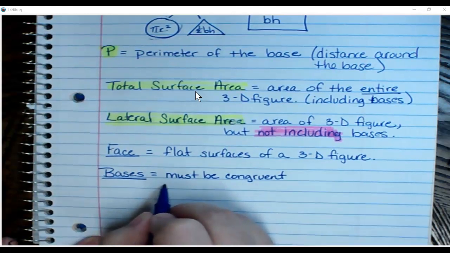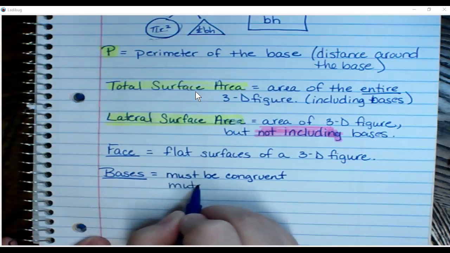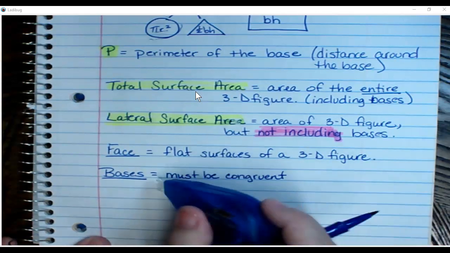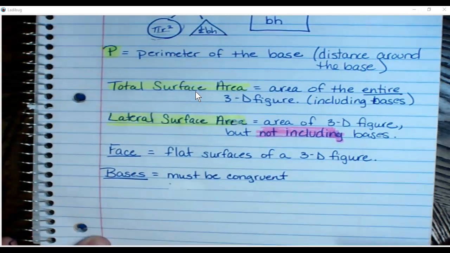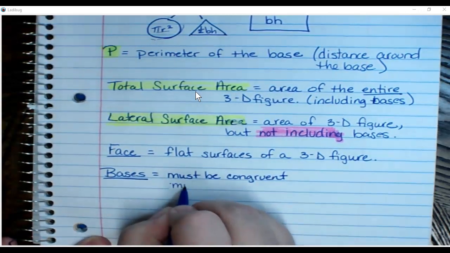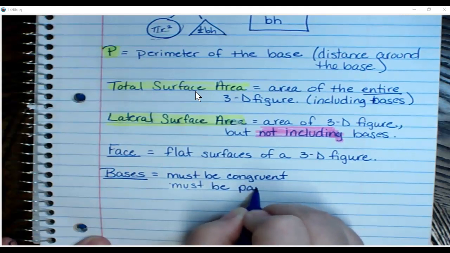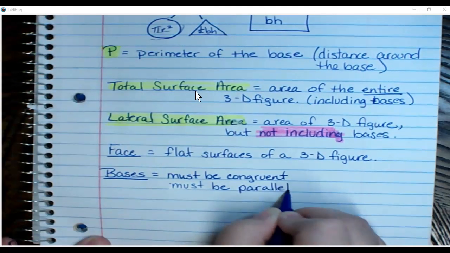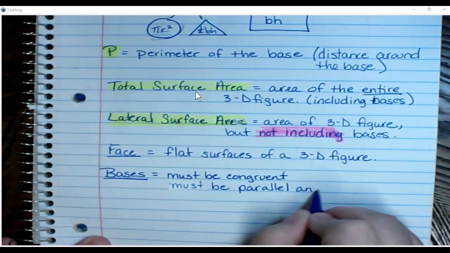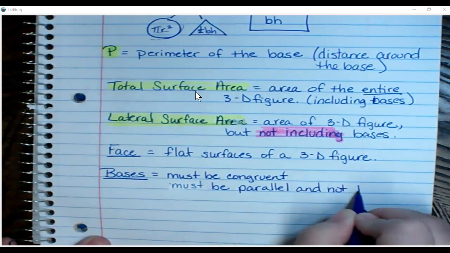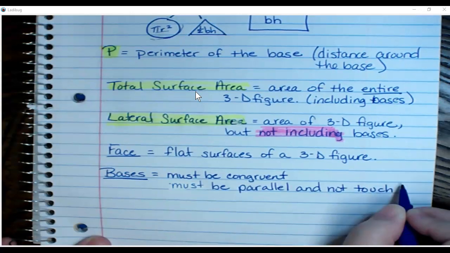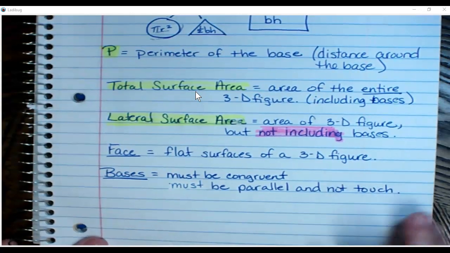They also must be parallel and not touch. They must be parallel to each other and not touch. They're on opposite ends of the 3D figure.